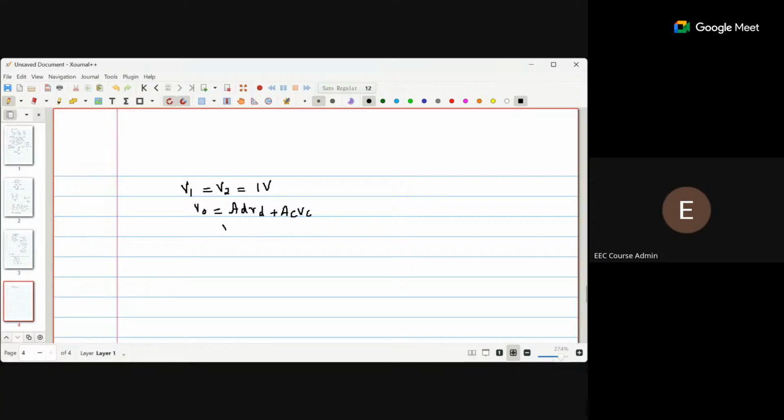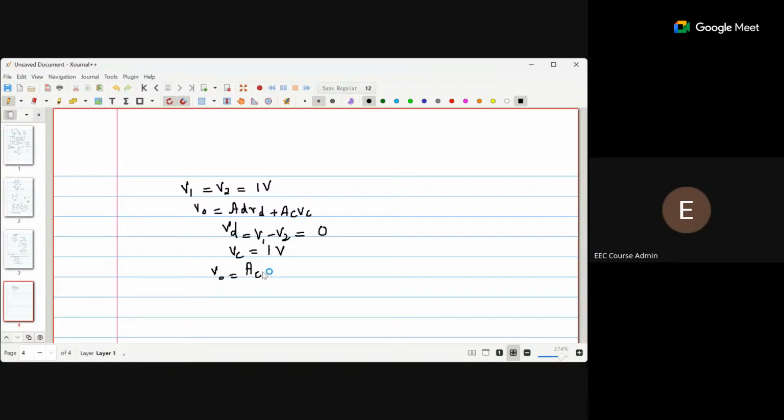So here VD, which is the difference between the two signals, will be 0, and VC will be 1. So V naught will be 1, the direct measurement of your common mode gain.